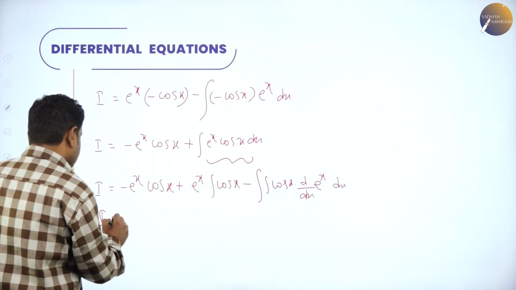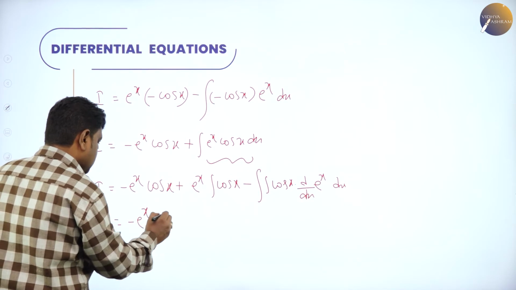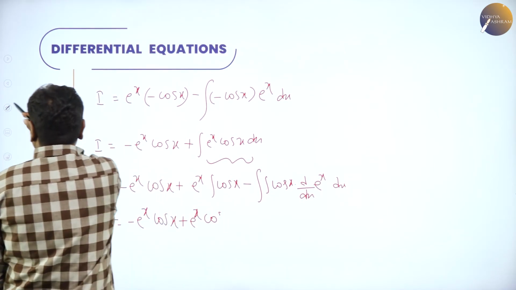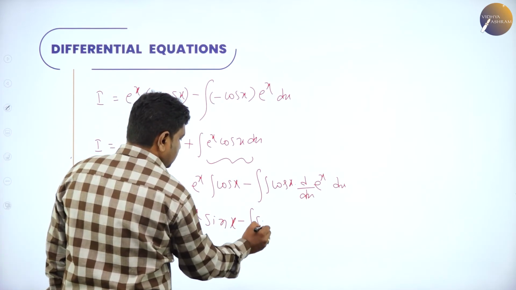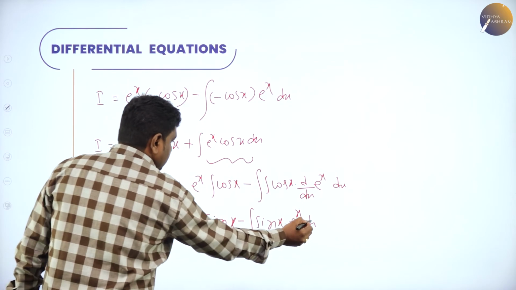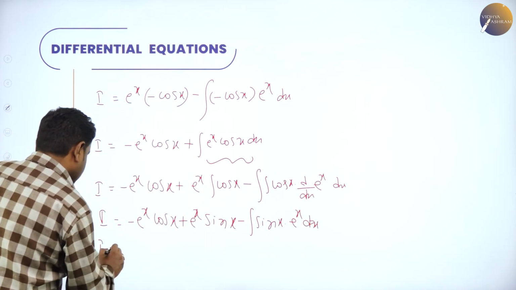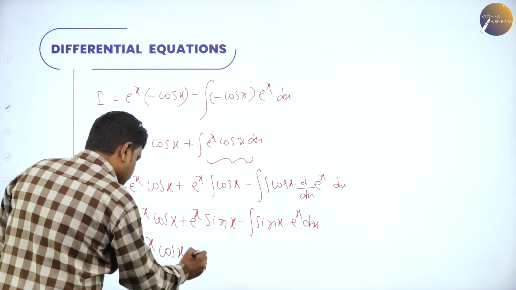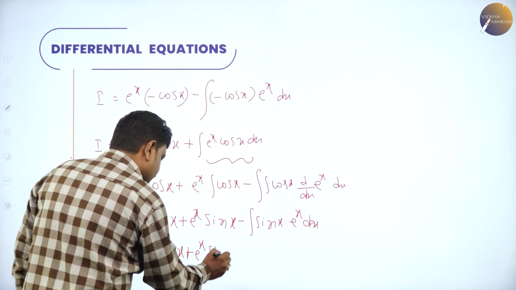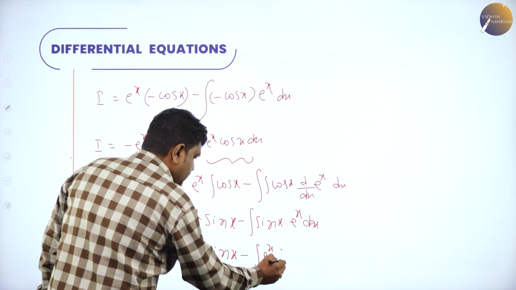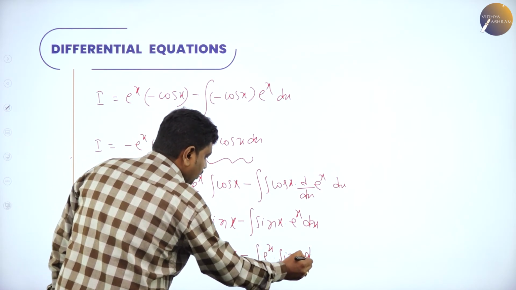Further, that will become I is equal to minus e power x cos x plus e power x into sin x, minus integration of sin x into derivative of e power x, which is e power x, dx. So you can see the given problem we got. I'll write I is equal to minus e power x cos x plus e power x sin x minus, I'll rewrite it as e power x first then sin x.